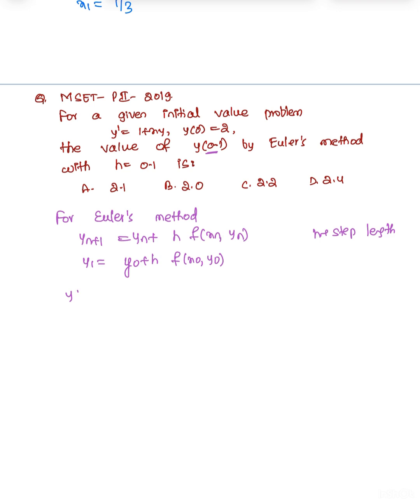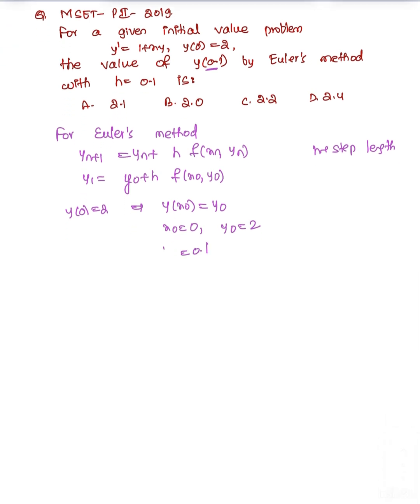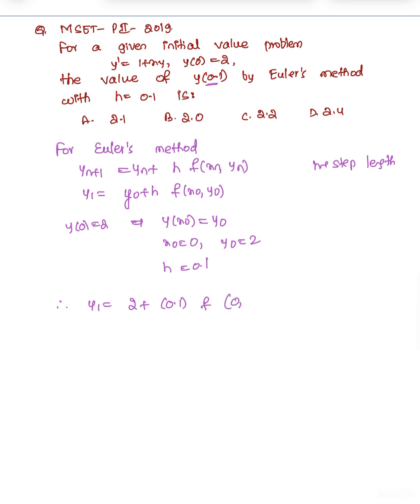Here y(0) = 2. This implies y(x0) = y0. Therefore x0 is 0, y0 is 2. Also h = 0.1 is given. Therefore y1 = y0, that is 2, plus h, 0.1, into f(x0, y0), where x0 is 0 and y0 is 2.